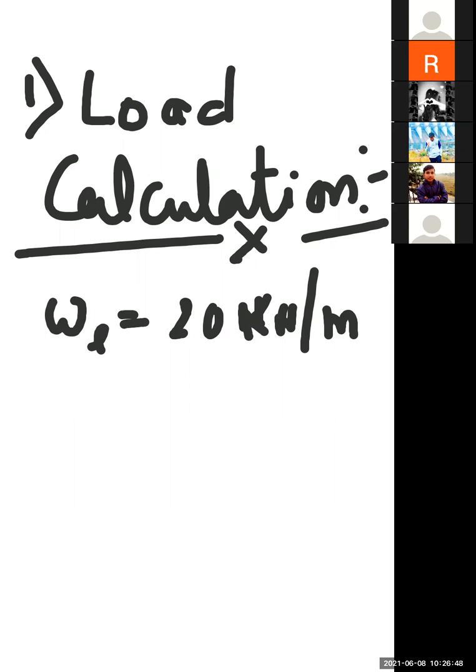Then we have to find out self weight, and how do we find the self weight of the section or of the beam?